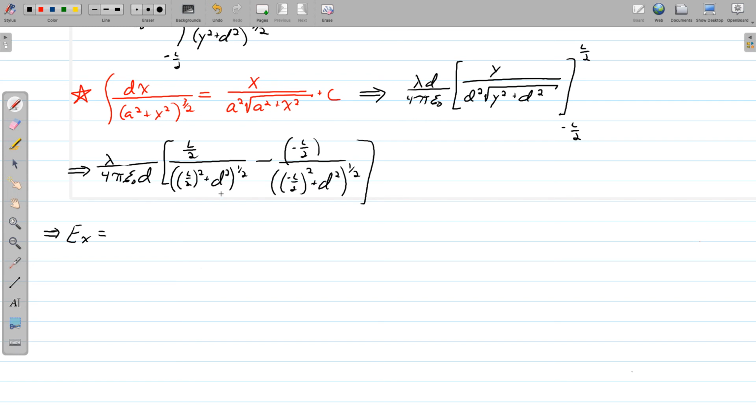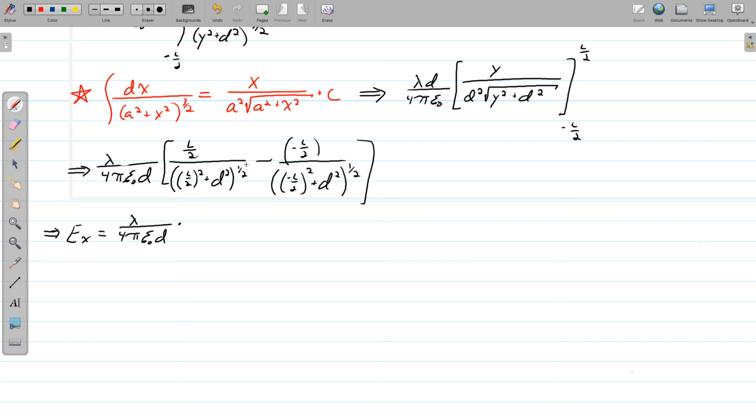So we would have lambda over 4 pi epsilon naught d times, all right, so these have a common denominator, as I explained. The negative right here is squared. So let's just look at the top.